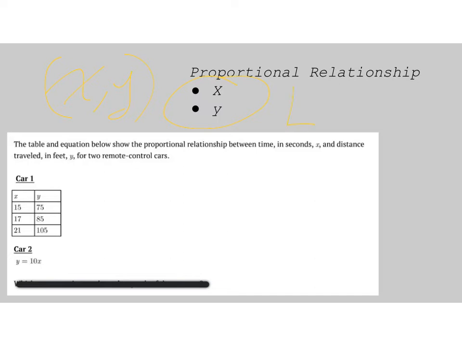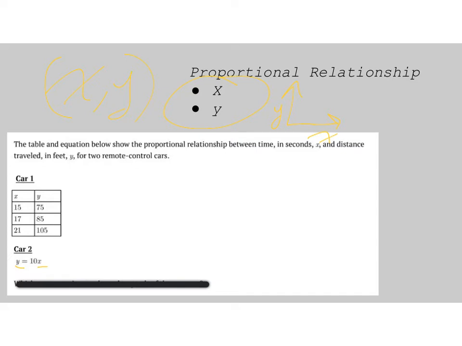When we're doing our graph, we have x and y, and then in our equation, y equals whatever is being multiplied by x, plus the y-intercept. So it's the same data, just different representations. This one is showing two cars and the relationship in time, in seconds, and how far it goes in feet. So how fast it goes, remote control cars.